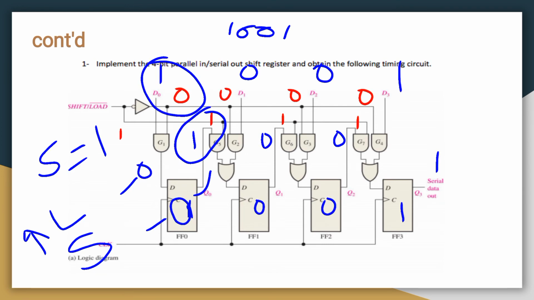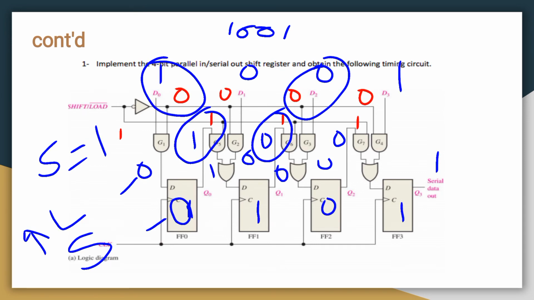For G5 the input is 1, 1, so output is 1. For G2 it is 0, so OR of it is nothing but 1. So here the content for G6, 0, 1 is nothing but 0. Here it is 0 for G3, so output is 0, same.